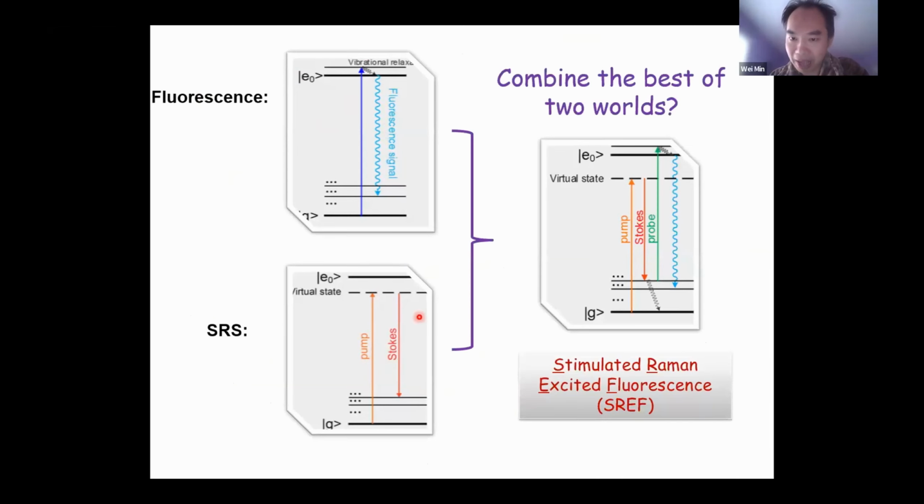Now if we combine this into a single process, we call stimulated Raman excited fluorescence, then you have vibrational selectivity together with fluorescence sensitivity, because fluorescence is background free, but fluorescence doesn't have the chemical selectivity. Now Raman has it. So if you combine them, you are really combining the best of two worlds.